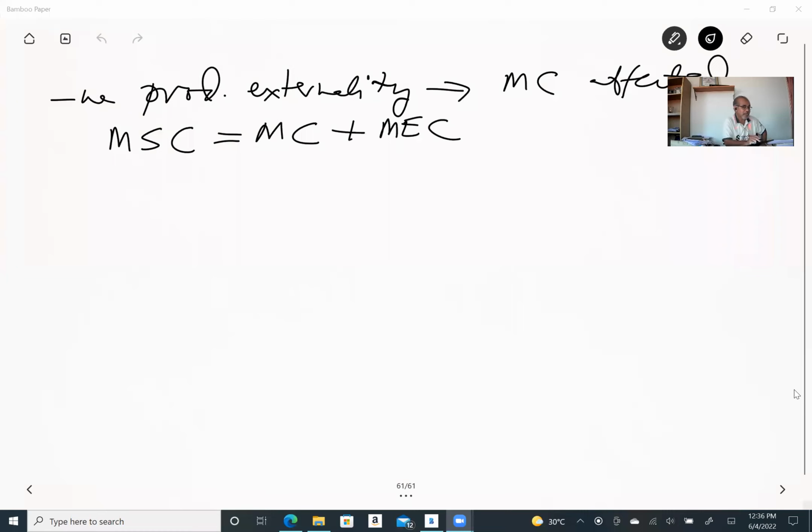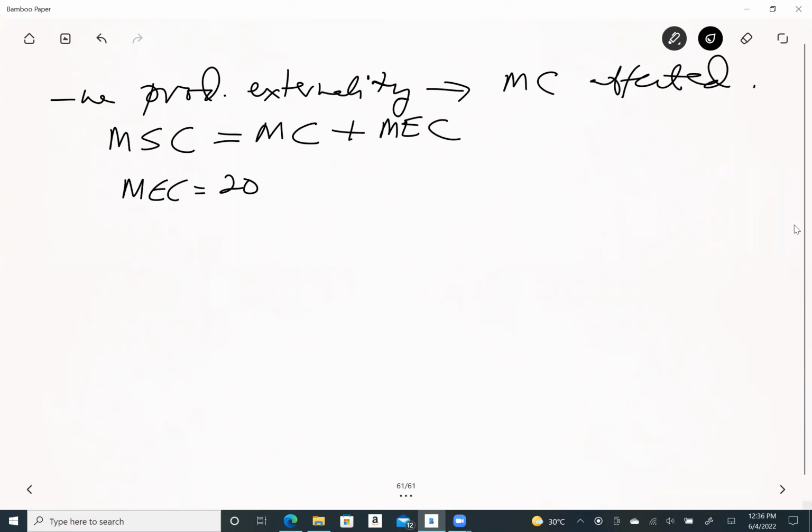When you are looking at externality theory, we are talking about marginal social cost, which is equal to MC, marginal cost, plus MEC. And MEC is equal to what? Equal to 20. Is that right? Marginal external cost is 20 and it's a constant.